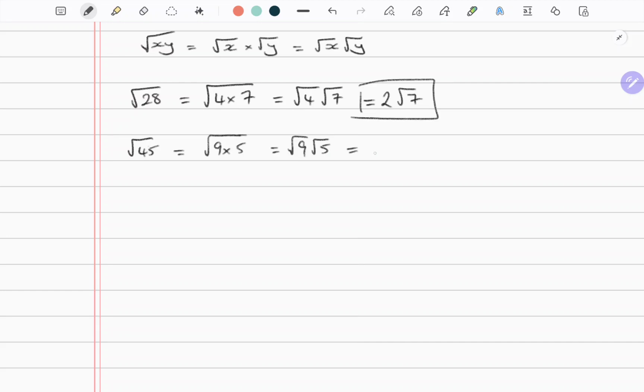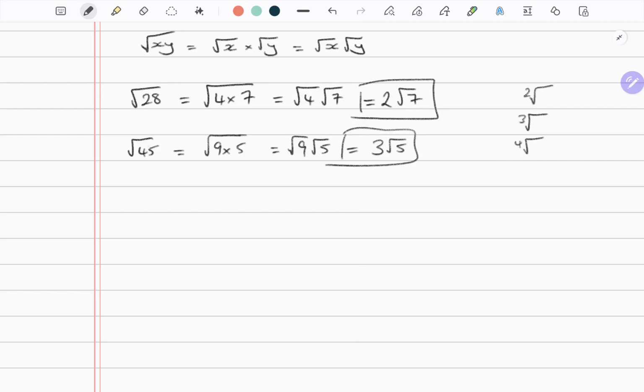The square root of 9 is 3, so that is equal to 3 multiplied by the square root of 5. Again, I've mentioned this probably a million times in these last few videos, but when we see a square root symbol like this, the 2 is implied, and at a later date, much further down the line, we will look at cube roots and fourth roots and so on.